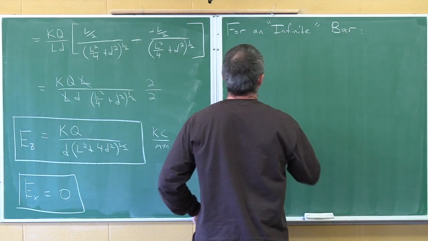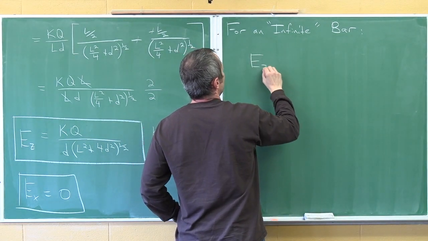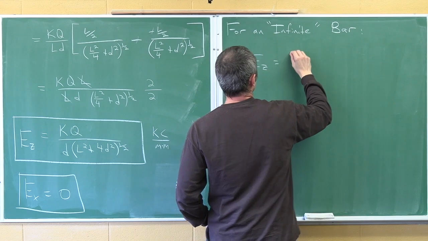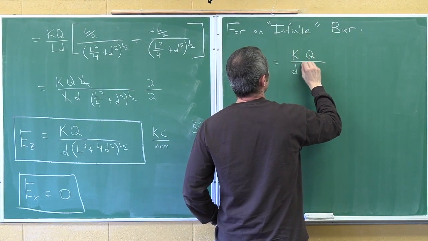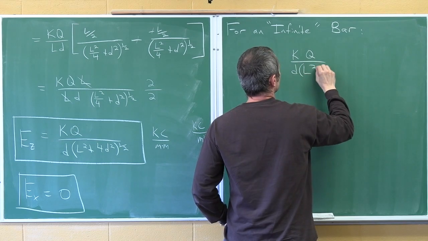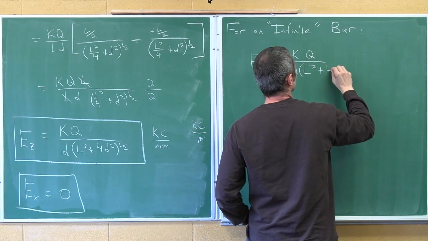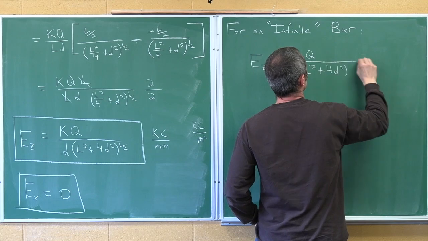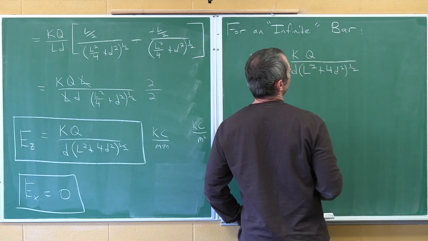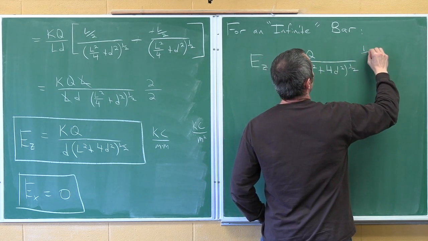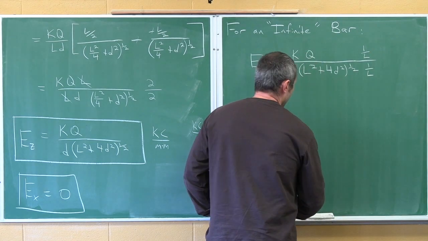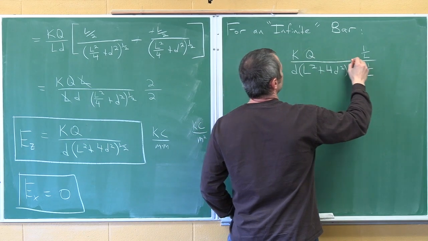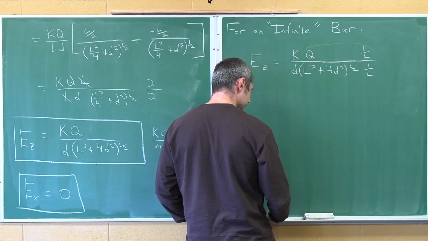So there's our formula, and we're going to see what happens as we let L elongate. To help us understand that, the first thing I'm going to do is multiply the top and the bottom by 1 over L. And I'm going to combine this Q over L into lambda.